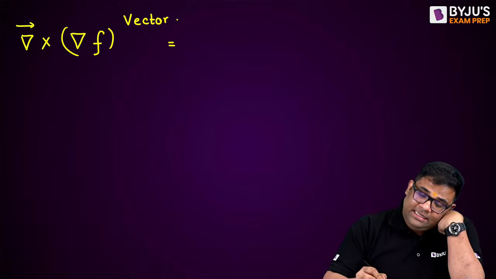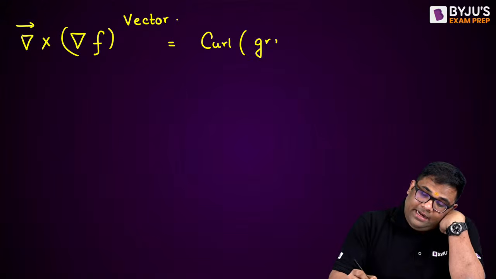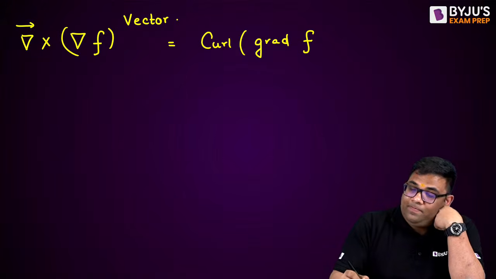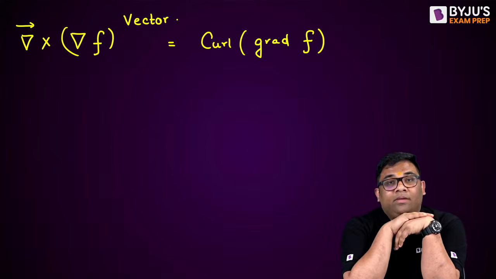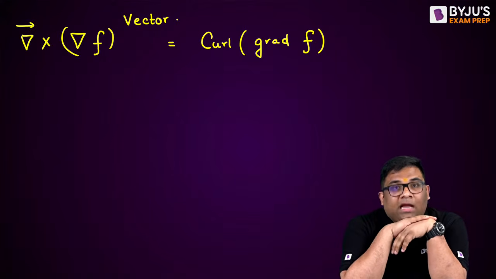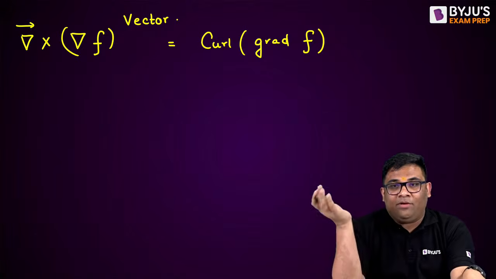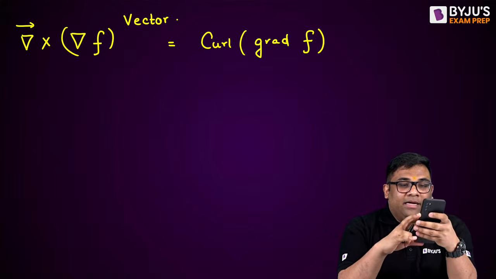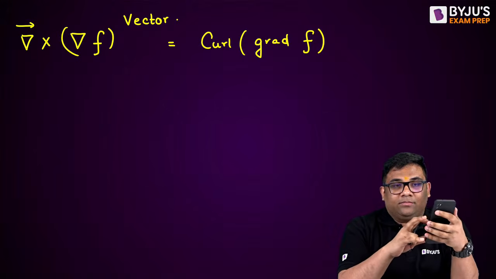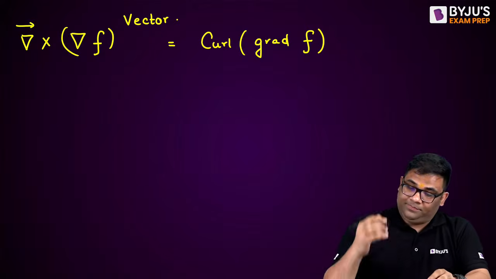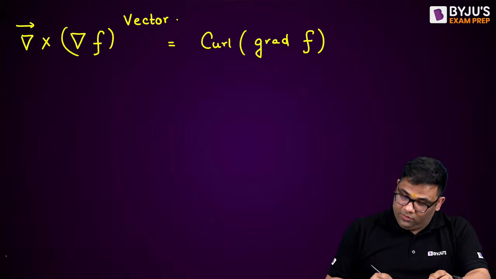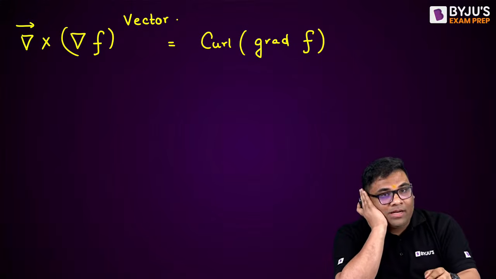Can I say this is the curl of gradient of f, na? Yes or no? I want to see that yes, then I will proceed, because these things are complicated. I don't want to rush through things. Okay? Curl of gradient of f, na?